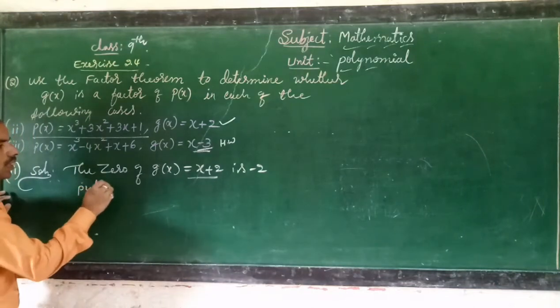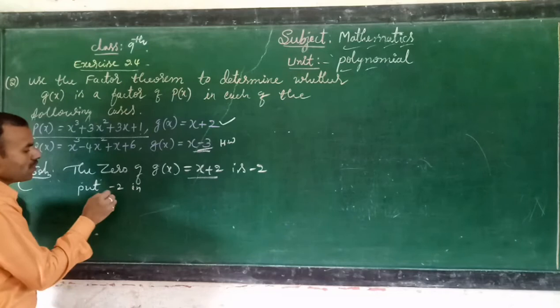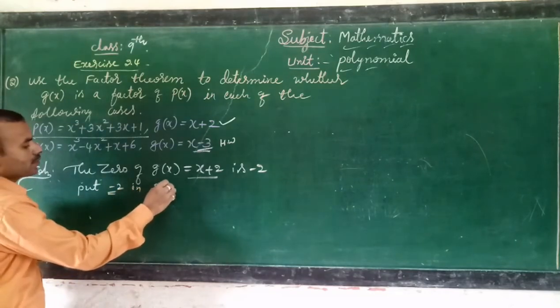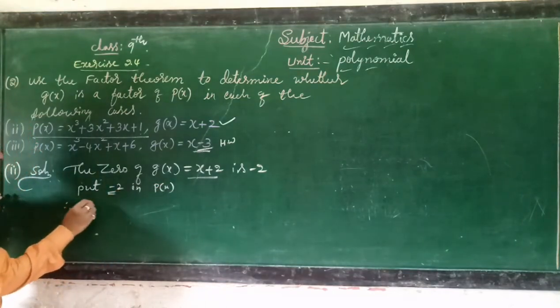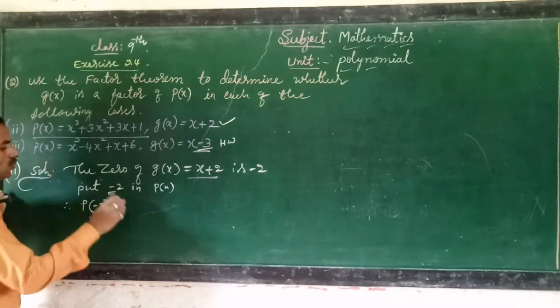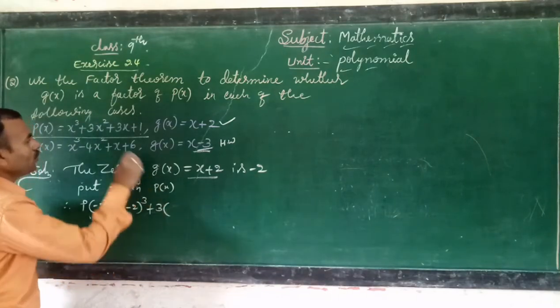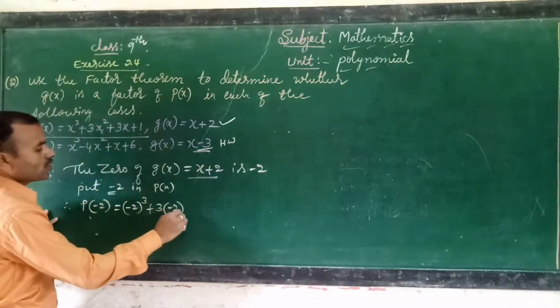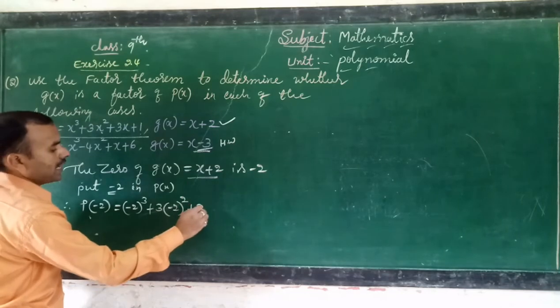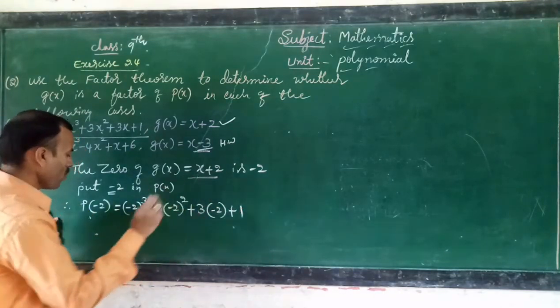Put x equals minus 2 in p of x. So in the place of x, I write minus 2: minus 2 whole cube plus 3 into minus 2 whole square plus 3 into minus 2 plus 1.